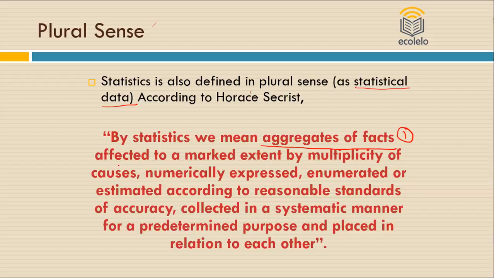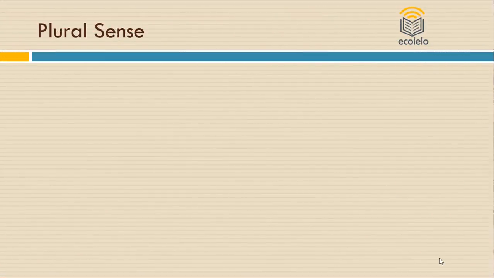Number 2, affected to a marked extent by multiplicity of causes. Third, numerically expressed. Fourth, enumerated or estimated according to reasonable standards of accuracy. Collected in systematic manner for a predetermined purpose, placed in relation to each other. Okay, let's break it into 7 pieces and see.